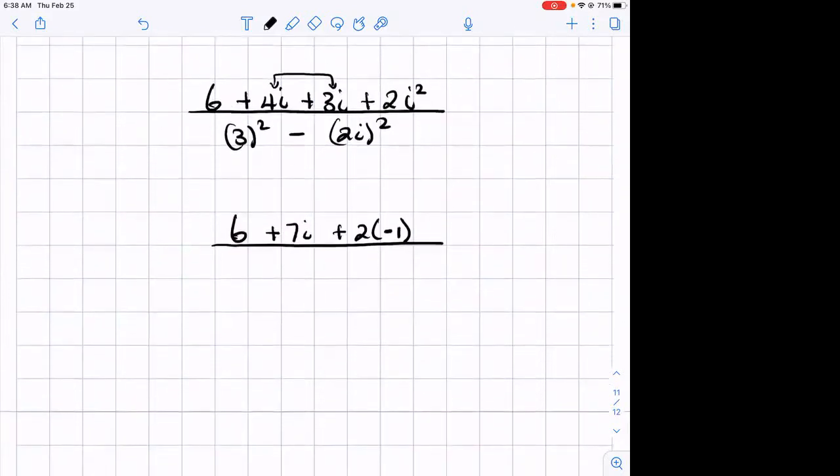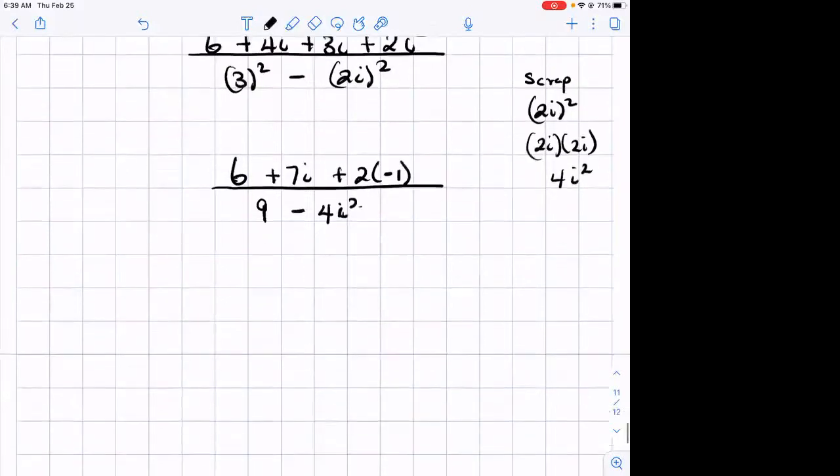In the denominator, 3 squared is 9, and then minus 4i squared, because 2i quantity squared means 2i times 2i, which is 4i squared.